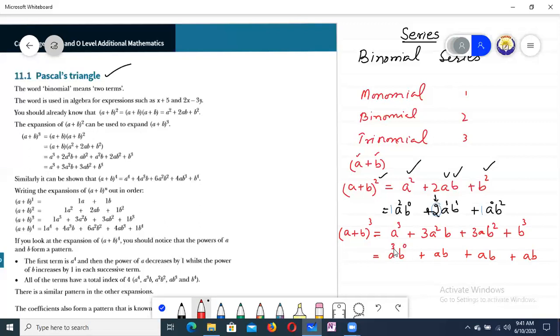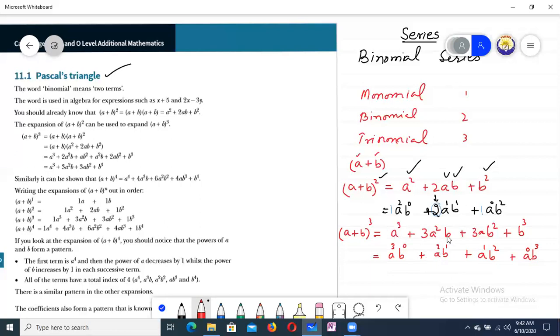Now the exponent of a gradually decreases by 1: 3, then 2, then 1, and then 0. And b raised to the power 0 will increase by 1: here power 1, here square, here cube. Now you can see easily a cube b raised to the power 0 is a cube.